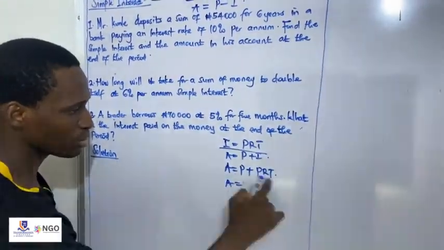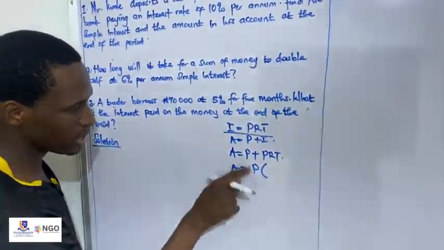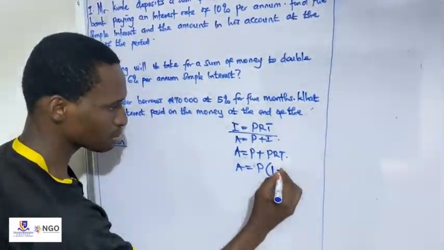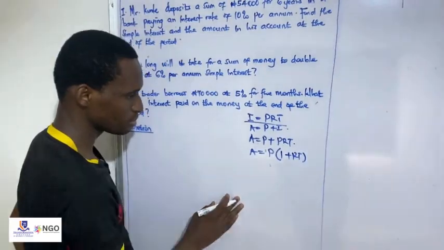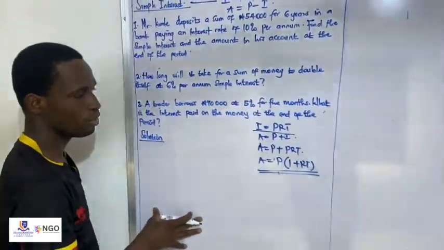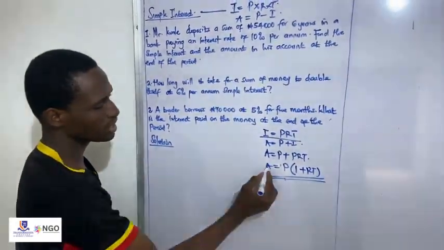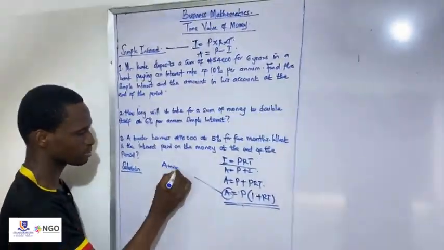Now what is common here? P. P into brackets, 1 plus RT. So this is a more advanced way of calculating the amount of your simple interest.